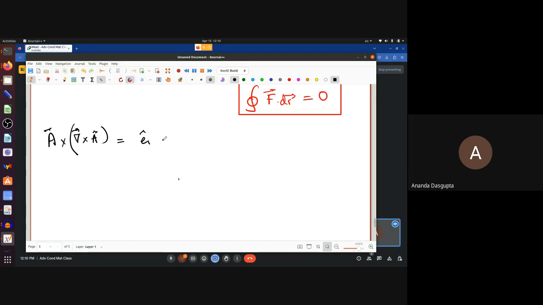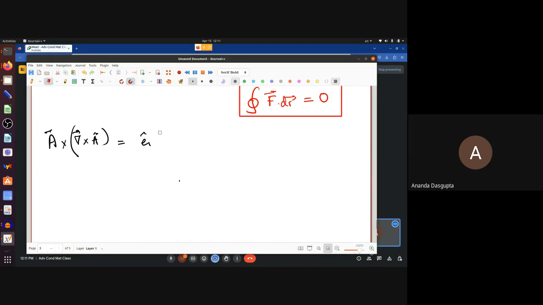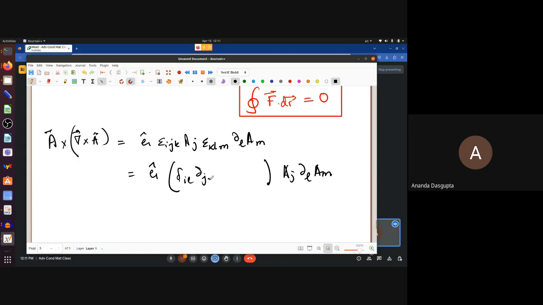So that will be epsilon IJK, A J, curl of A's K component, epsilon KLM, del L, A M. So you have E I, A J, del L, A M, and this is actually delta IL delta JM minus delta IM delta JL.